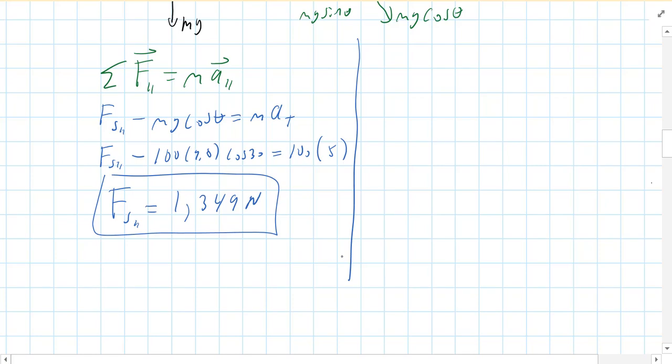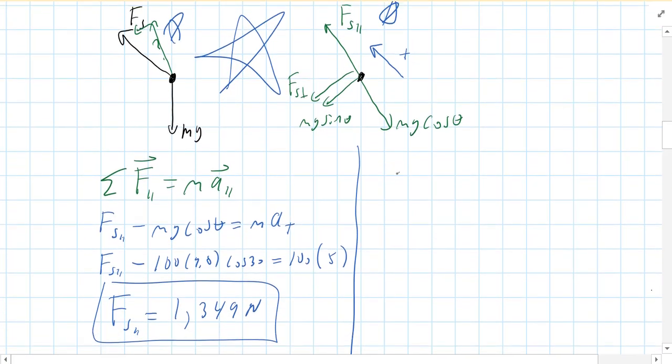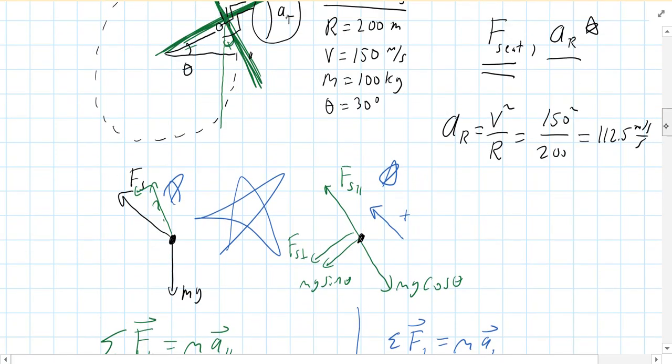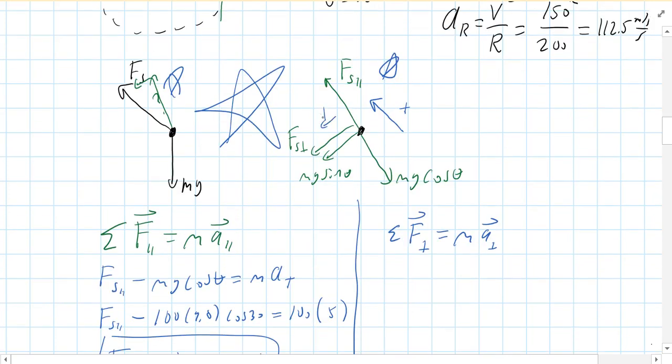All right, now in the perpendicular direction, okay, so we're going to do net force in the perpendicular to our motion direction equals ma perpendicular, okay? I always make inward toward the center of the circle positive. That's going to be this way in the picture, okay? So that's going to be this way in our FBD.